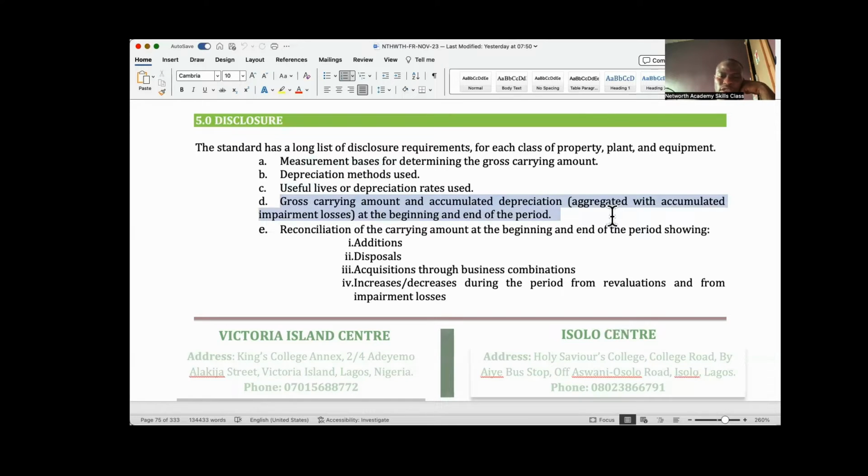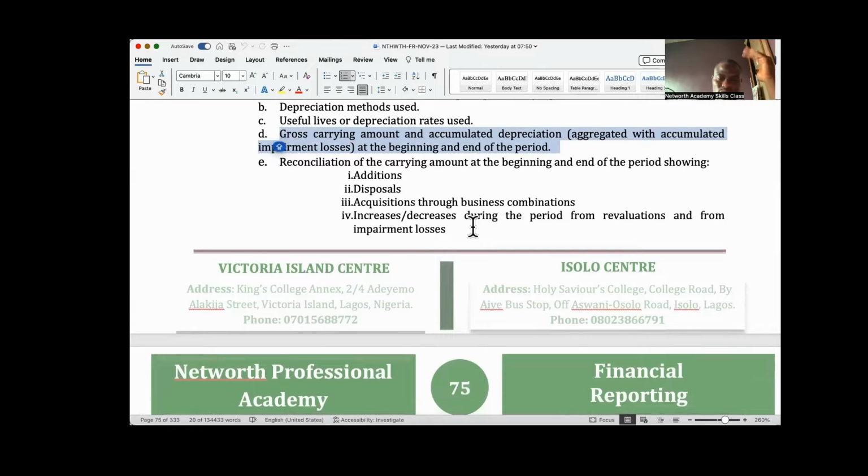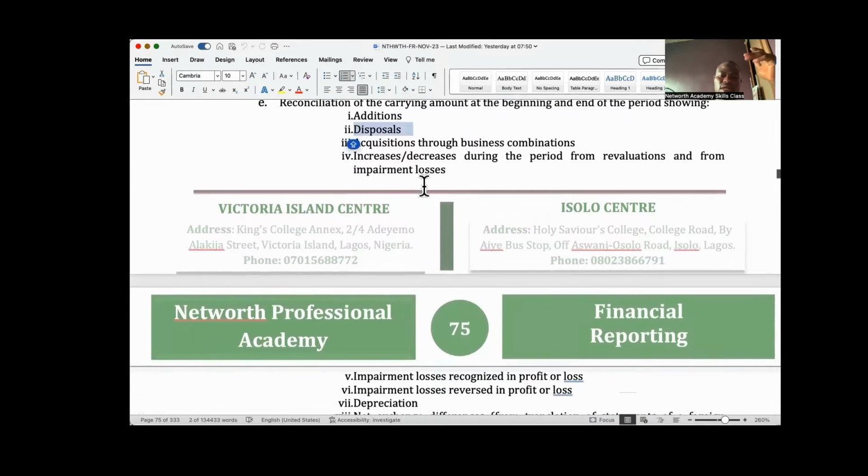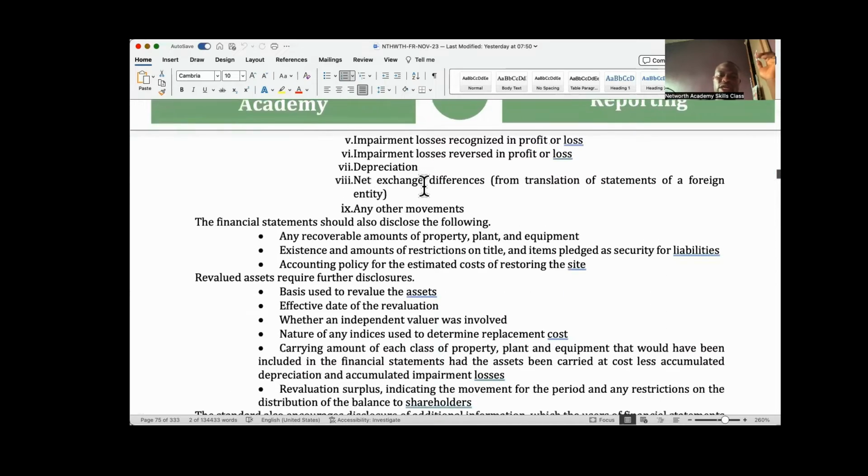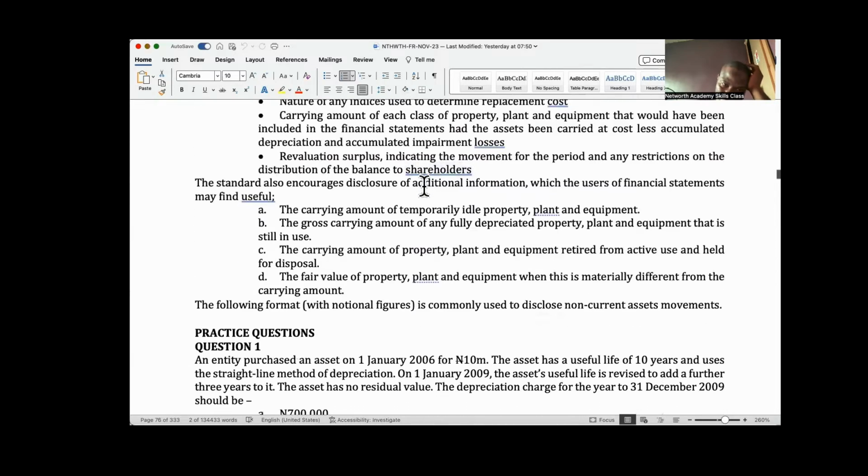So this is just speaking to that when you have your assets, you must do a fixed asset schedule in the notes that will show the cost of the assets at the beginning, and there will also be accumulated depreciation at the beginning. Then you do a kind of reconciliation between the beginning and the end by showing all the new assets they bought, the ones they sold, and maybe there's impairment, all this other information that might be required.